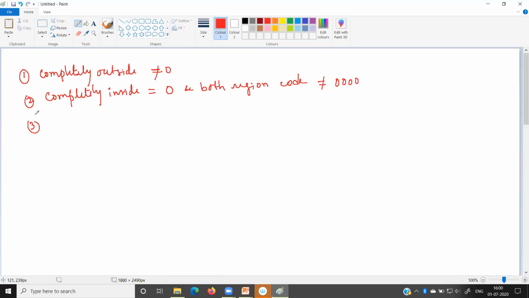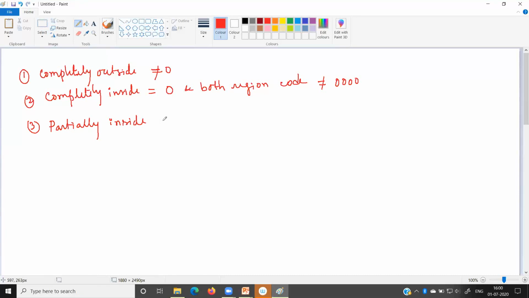Okay, in the partially inside case, partially inside means there must be some intersection.